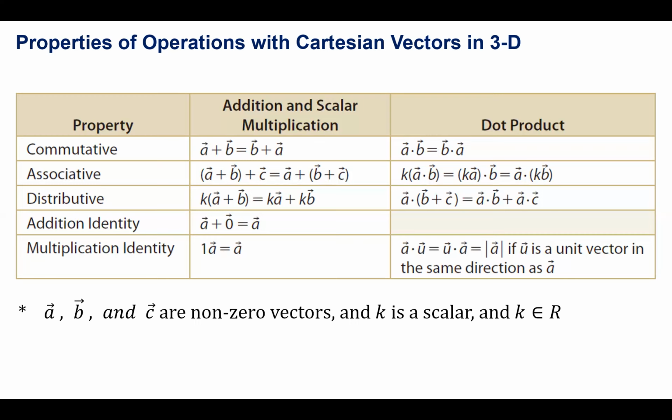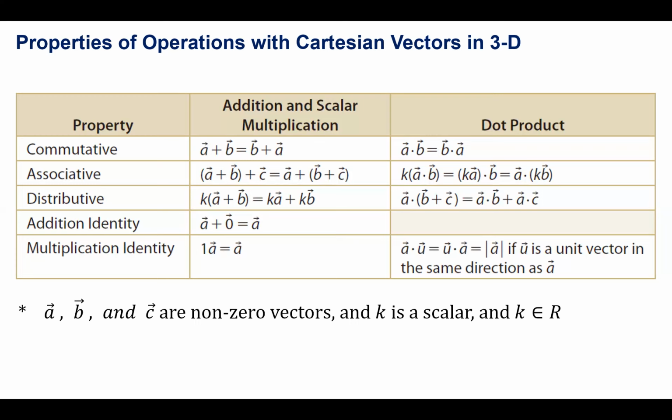For dot product and scalar multiplication, this is also applicable. A real number k times the dot product between A and B equals the real number k times A first, then dot product with vector B. Also, you can first calculate the scalar k times vector B, and then find the dot product of A with the vector kB.